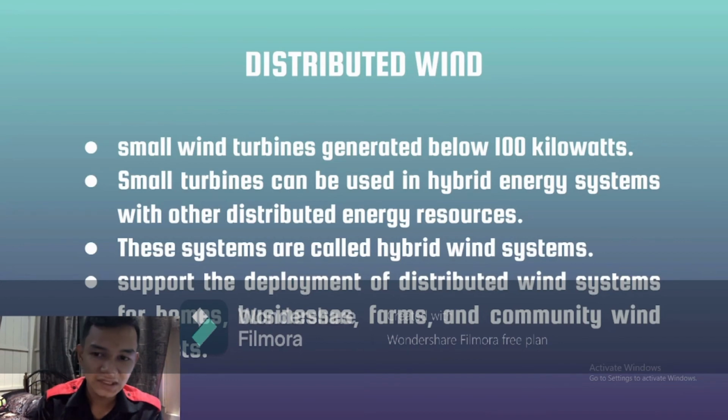And this system is called hybrid wind systems and is typically used in remote off-grid locations where a connection to the utility grid is not available, and is becoming more common in grid-connected applications for resiliency.